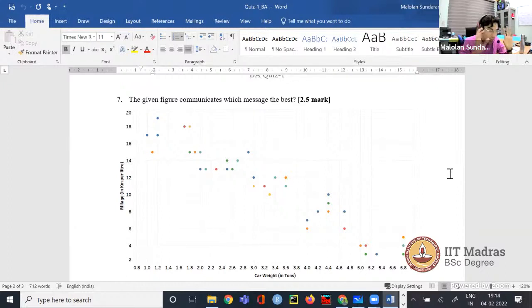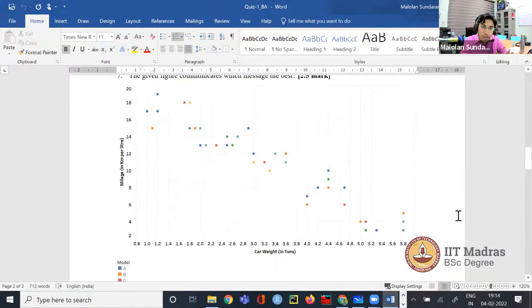Having said that, this particular graph, when I look at it, immediately what I can see is, as weight increases, my mileage is dropping. That is all. You cannot contest to me saying that because you have given me the colors, I will go and look at red is dropping, green is also dropping, orange is also dropping. So for all models, it is reducing.